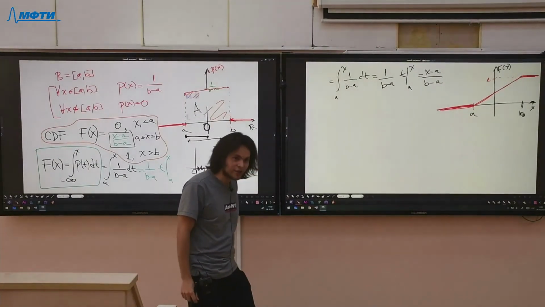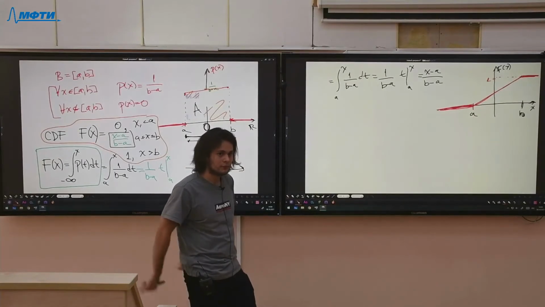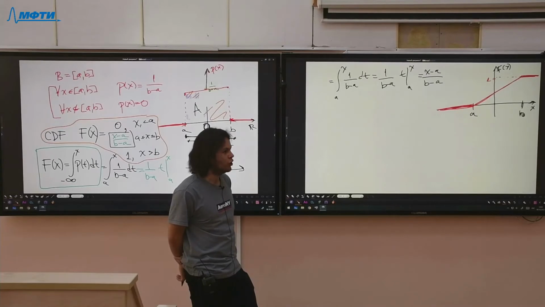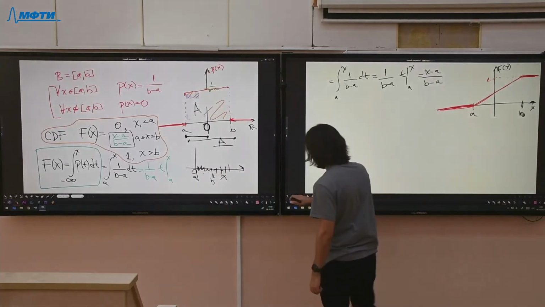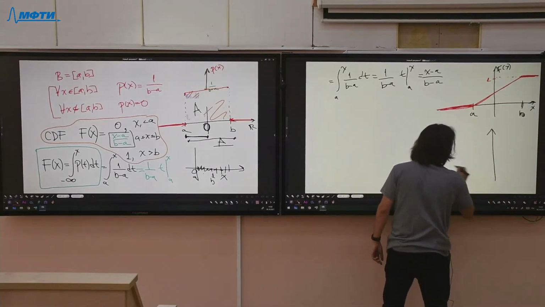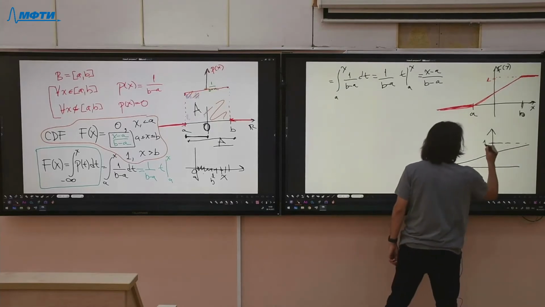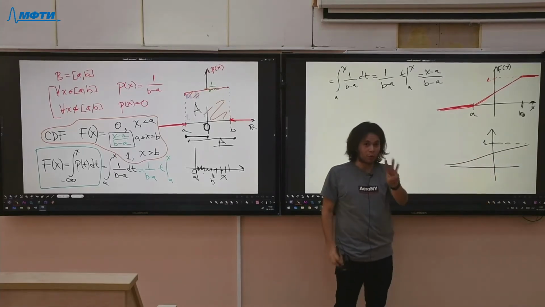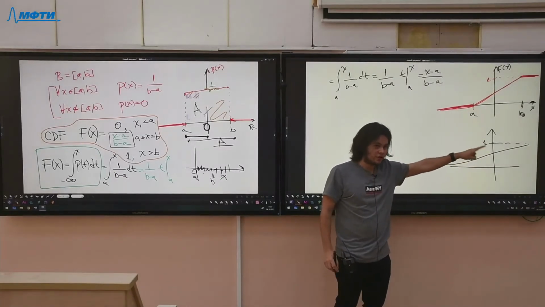In the discrete case, in the absolute case, it breaks the rule. No, it doesn't. No, look. So how does the CDF look like in general? No, like this. There are three properties: non-decreasing, continuous from the right, and the limits.